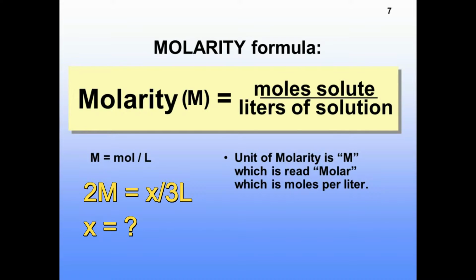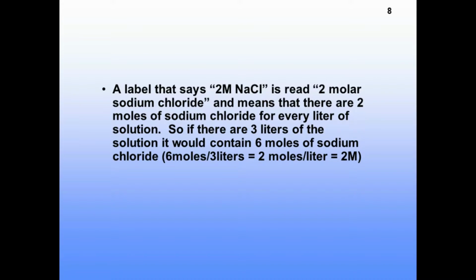You have 6. Why? Well, you just did it. You don't know you did it, but you did it as a ratio. If I have 3 liters, how many moles do I have? 6. Let's think about it: you cross multiply, and x is going to equal 6.